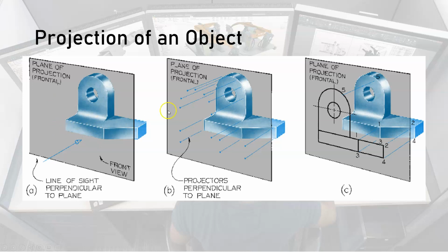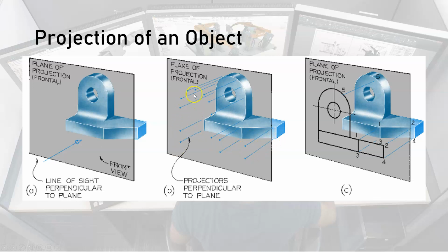Okay. Then we have these imaginary projectors, and the projectors, you can see that they come from each edge or corner of the object out, and they move forward to strike the plane of projection. Okay, so for each corner, the projectors come forward and they stop at the plane of projection.